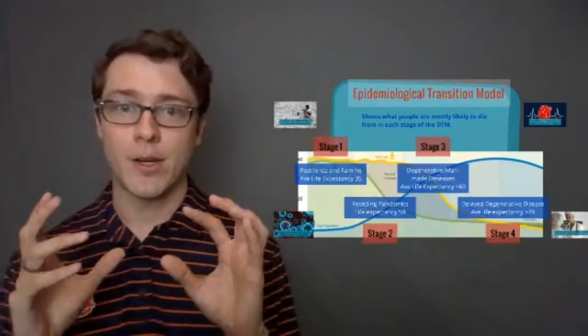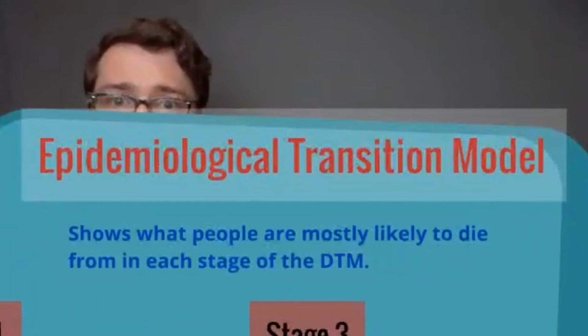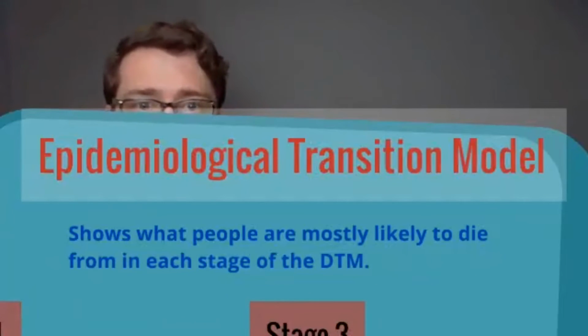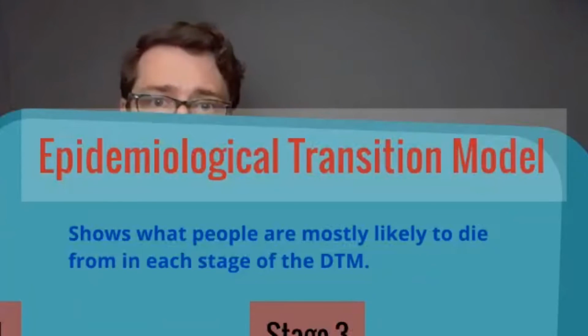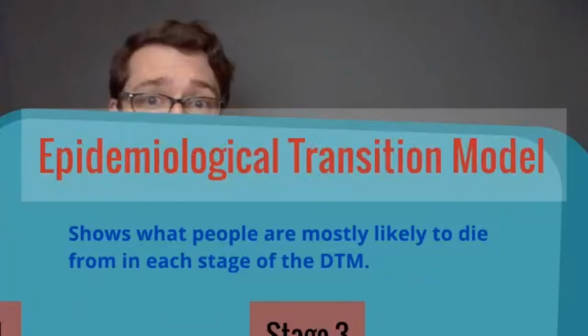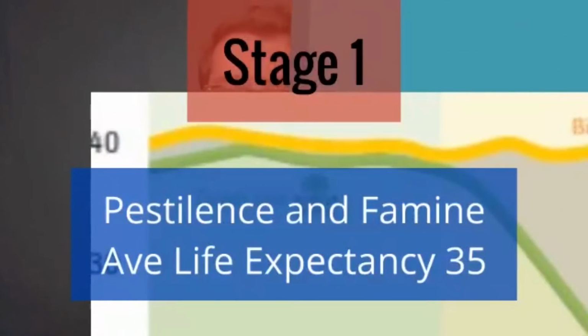Our last topic in this already very dense topic is the epidemiological transition model. So this shows what people in each stage are most likely to die from. So it's a little bit of a morbid model, but it shows what people are most likely to die from in each stage.